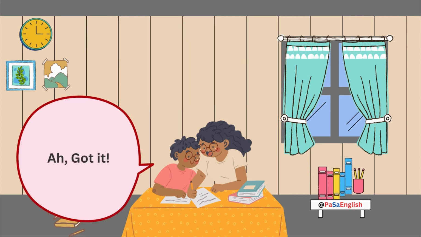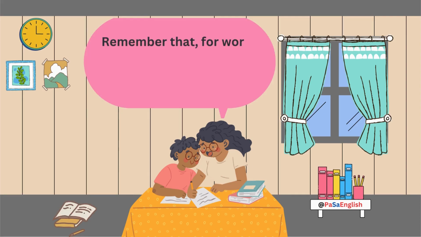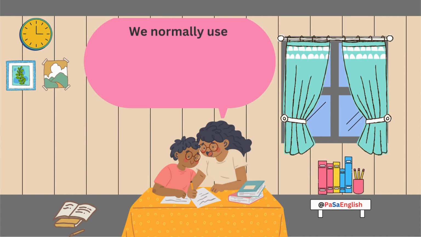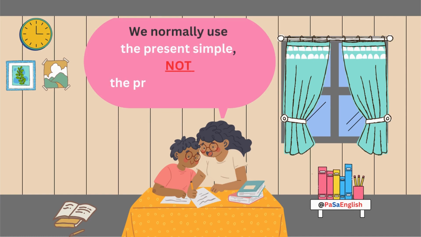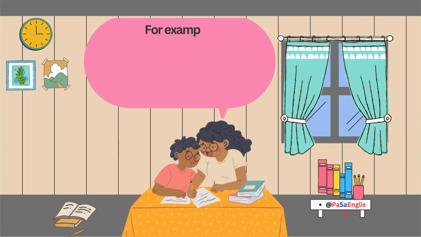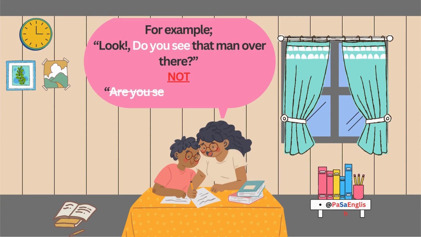Got it. Remember that, for words like see, hear, smell, or taste, we normally use the present simple, not the present continuous tense. For example, look, do you see that man over there? Not are you seeing that man?